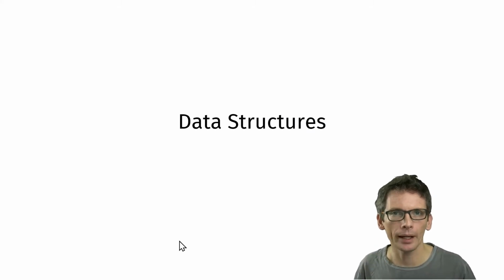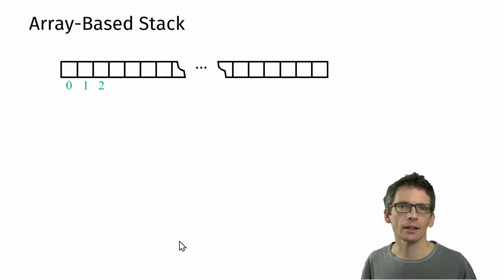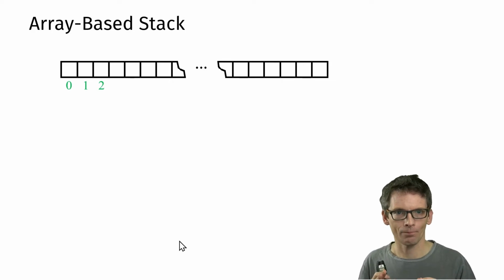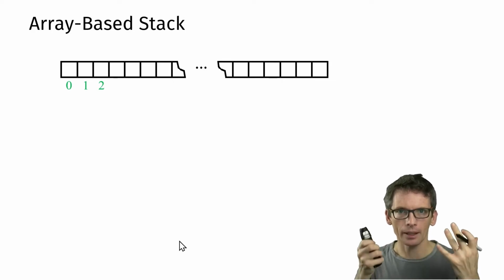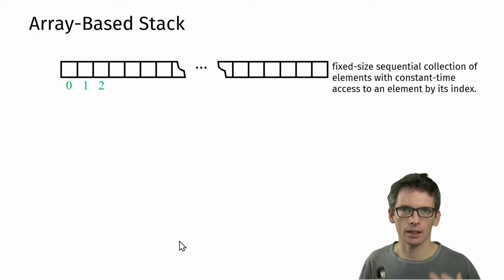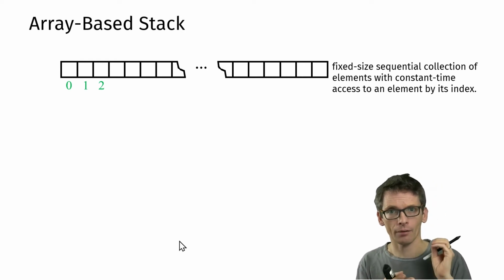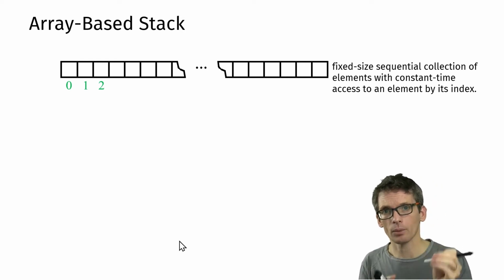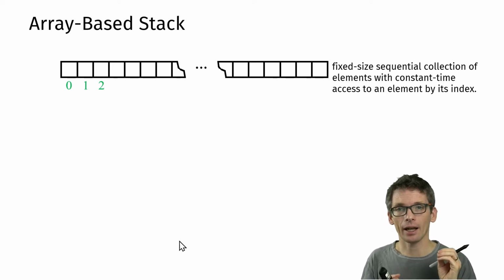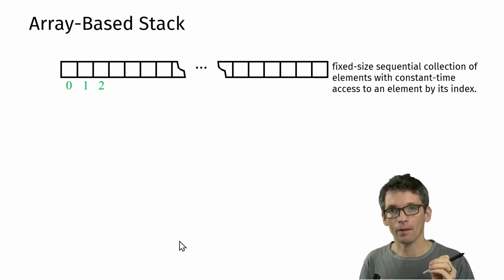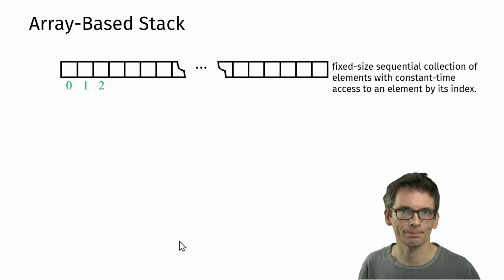A simple way to implement a stack is an array. Here you see an array. Keep in mind, arrays have a fixed size. An array is a fixed size sequential collection of elements such that I have constant time random access, meaning I can access the elements that I'm storing by their index in constant time.